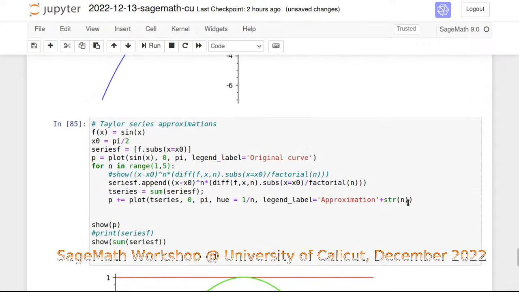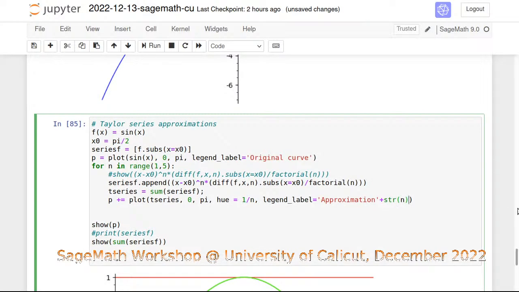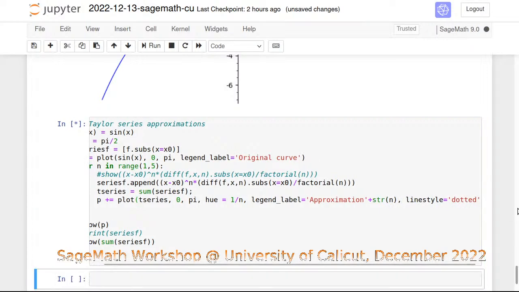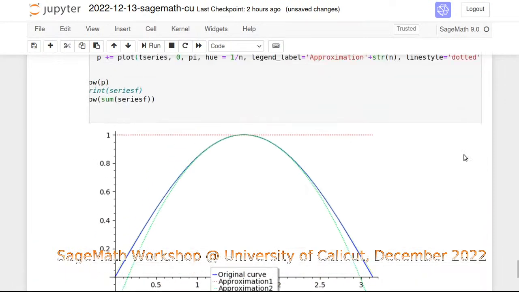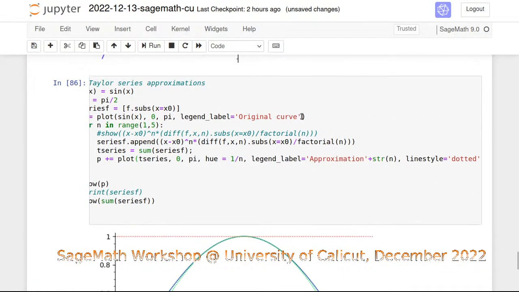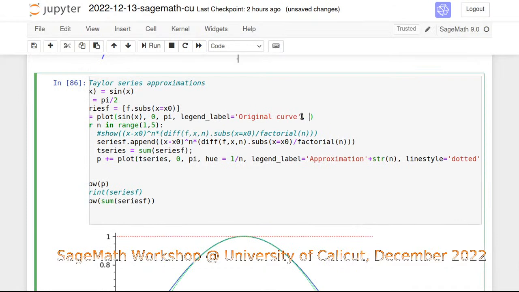Maybe we can use dotted so that we can see it easily. And the sine curve probably with some extra thickness. Oh, the extra thickness will not actually help.